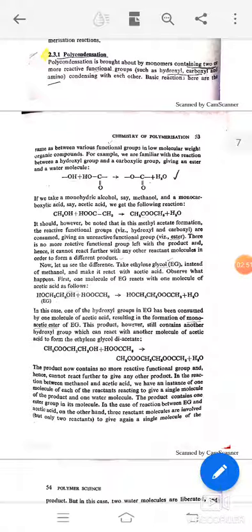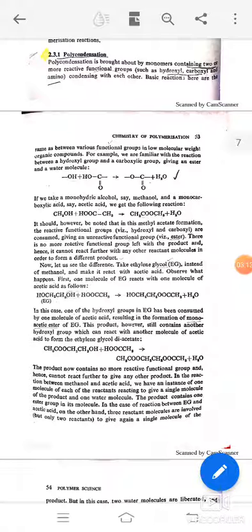Take ethylene glycol, EG, instead of methanol. Substitute ethylene glycol and react it with acetic acid: condensation, an H2O molecule is lost, and a compound forms. This is a hydroxy ester.